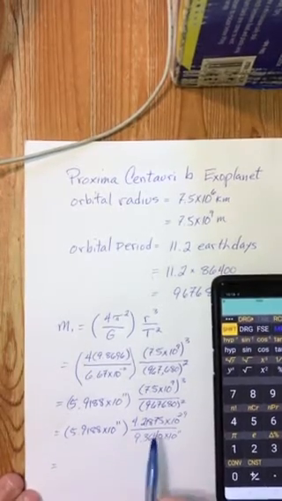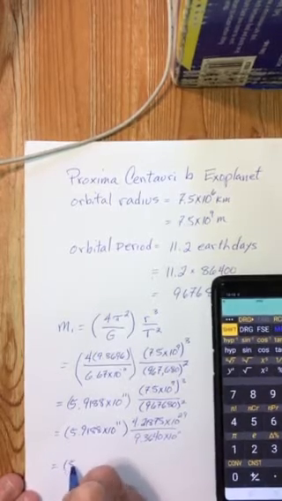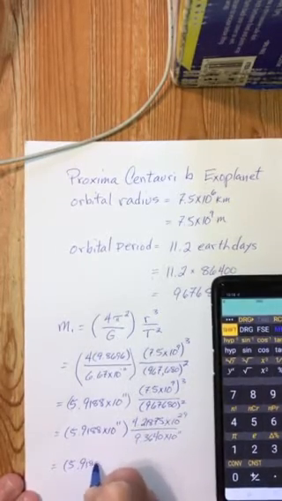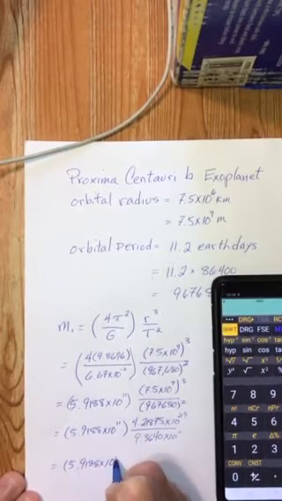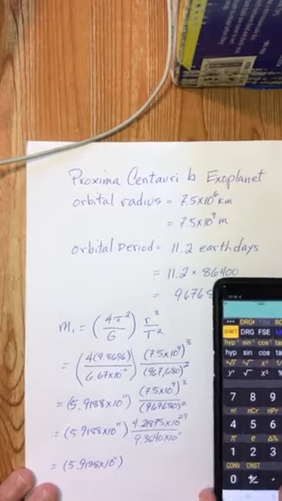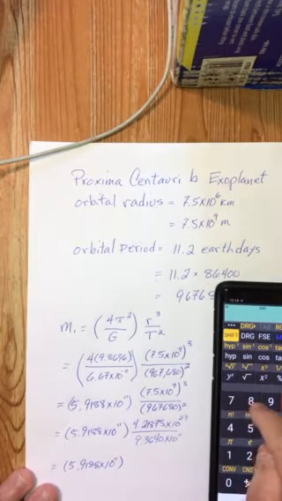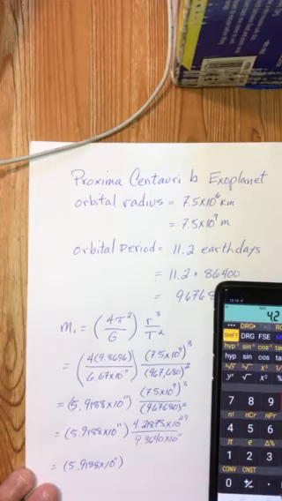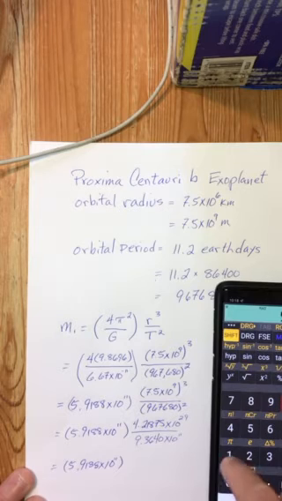Okay, so the next thing is let's divide the fraction here. So we have 5.9188 times 10 to the 11th power. And now we're going to do 4.21875 times 10 to the 29th power, and we're going to divide that by 9.3640 times 10 to the 11th power.